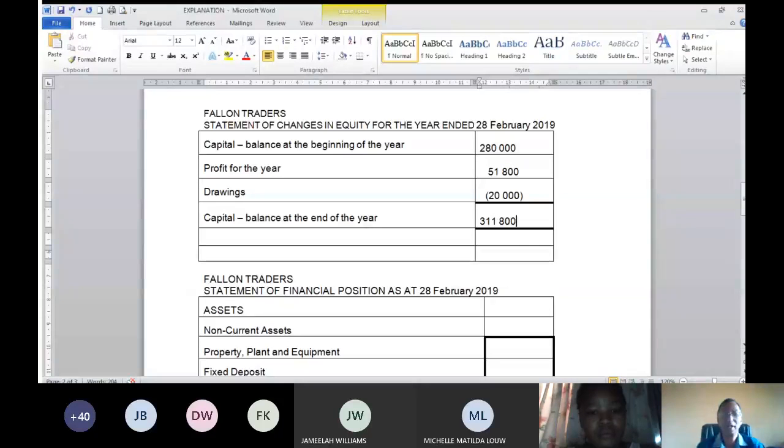And that is your capital balance at the end of the year. And that will conclude, guys, that statement here.